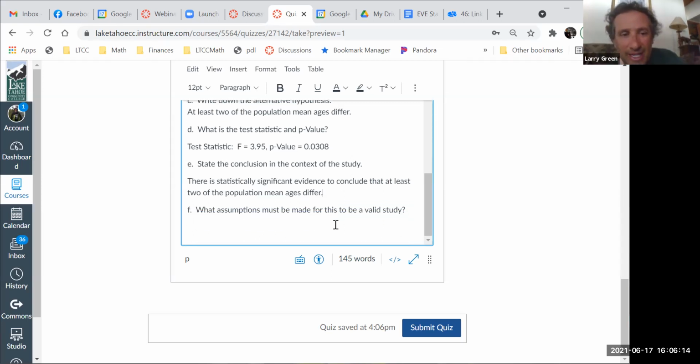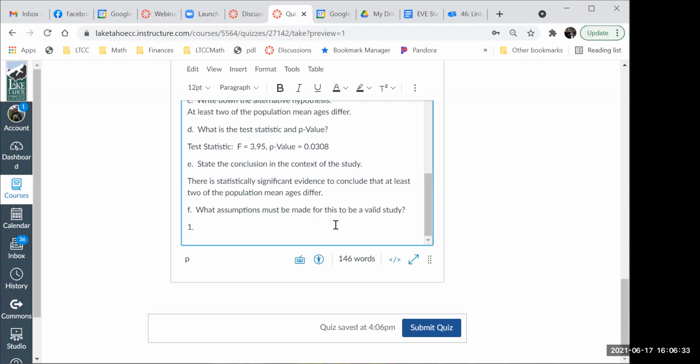Okay, then finally, what assumptions must be made in order for this to be a valid study? So this is kind of a list. I'm going to write 1. What's the first assumption that you have to make? That each of the distributions are approximately normal.